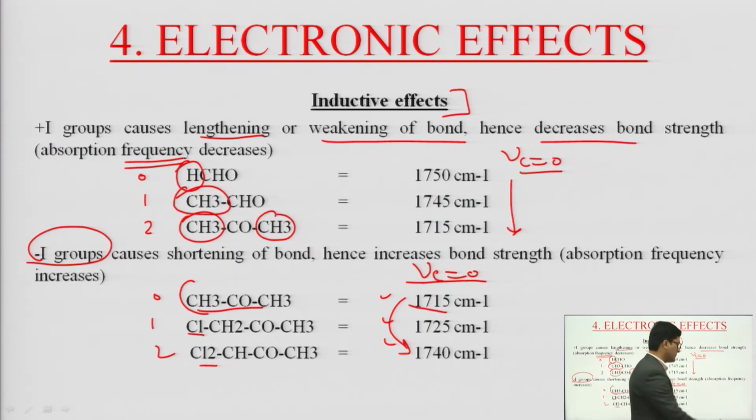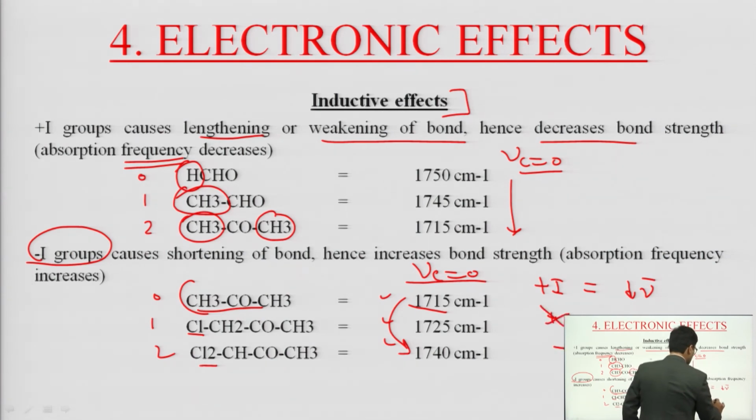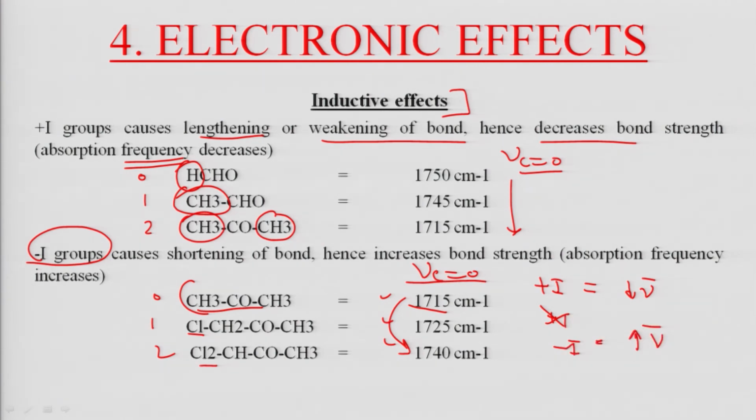Therefore, if a plus I group is introduced in any molecule, it generally tends to decrease the vibrational frequency, and a minus I group generally tends to increase the vibrational frequency values.